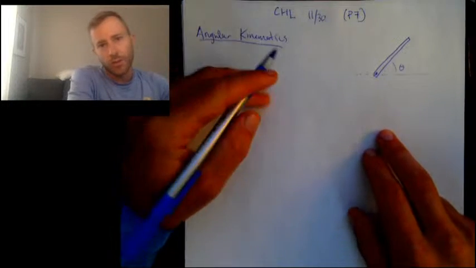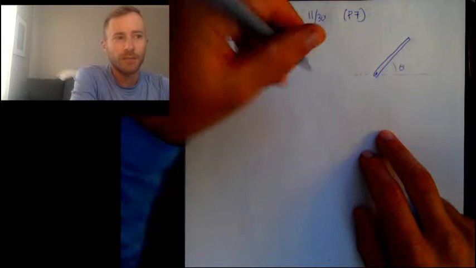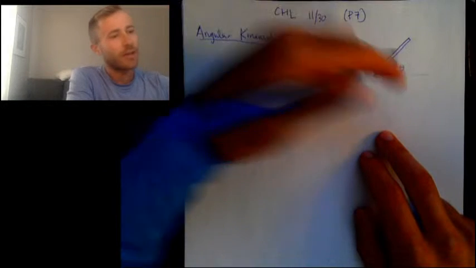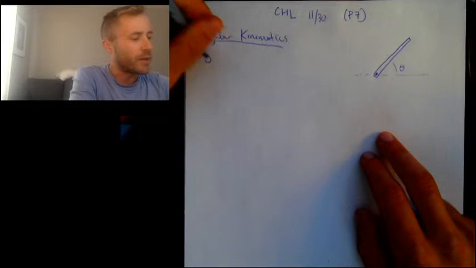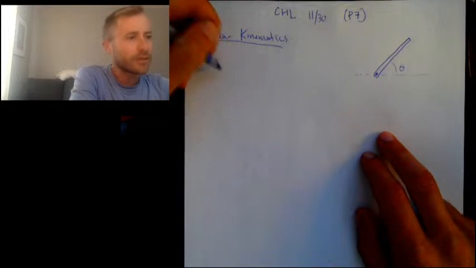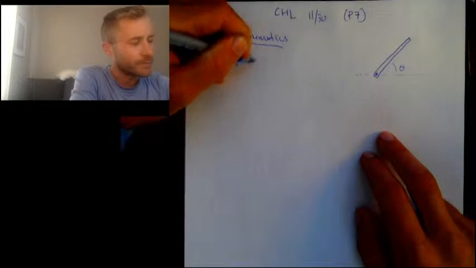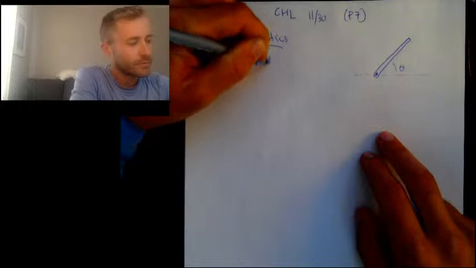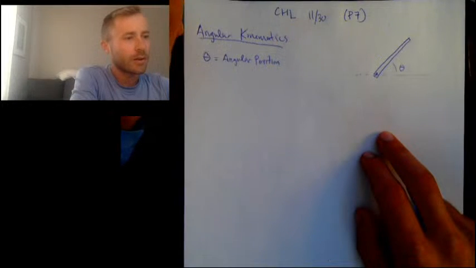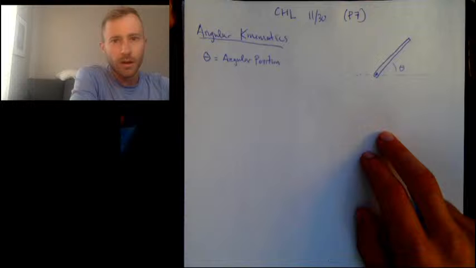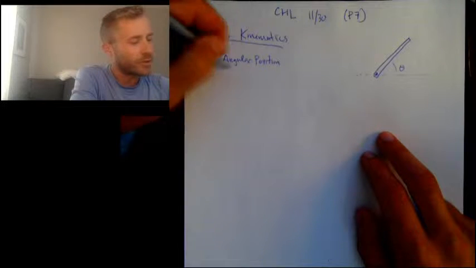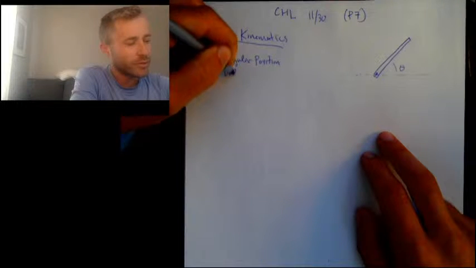So we can basically define the orientation of the rod by giving this angle. Theta is called the angular position, and basically it defines the orientation of an object.